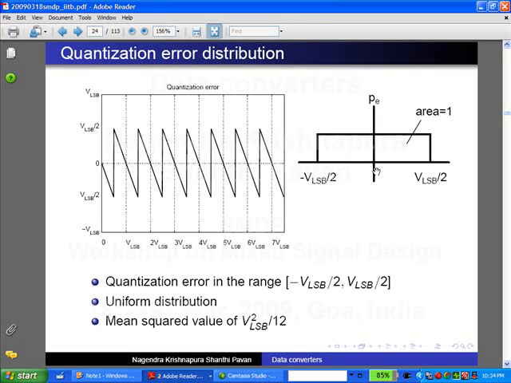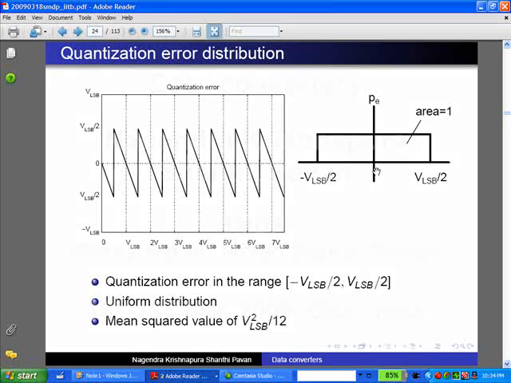You made a statement that this error is now not statistically independent but dependent on the input signal, right? That's correct. Then you cannot make uniform distribution because as the signal characteristics change, the error characteristics will also change. That's correct. So what happens is that if you have a significantly large number of levels in your range, more or less whatever input signal you put in, you will get uniform error.